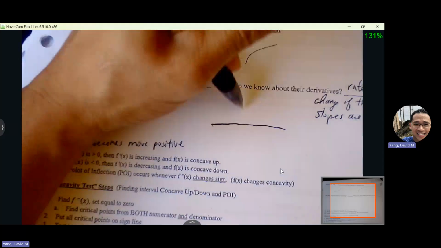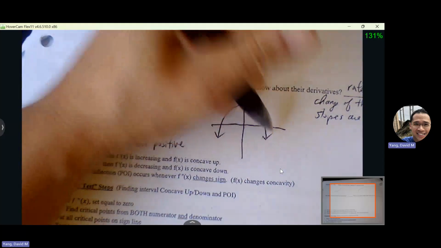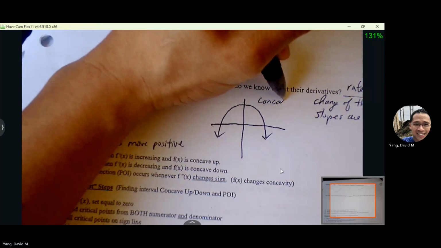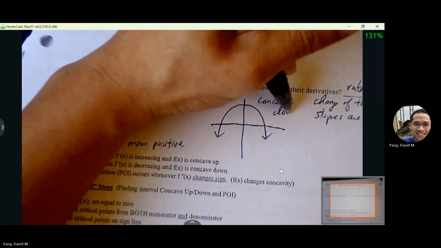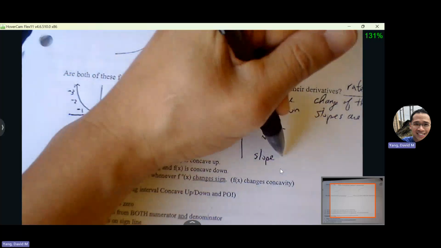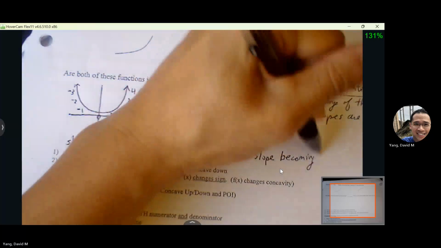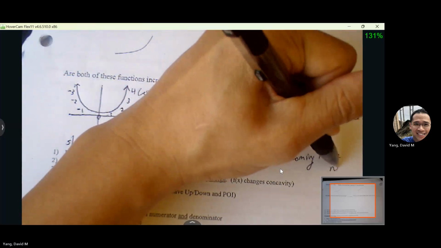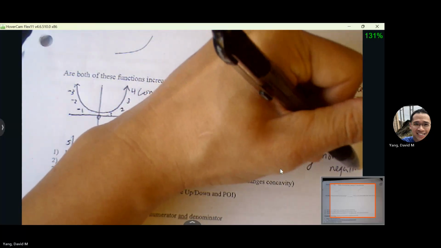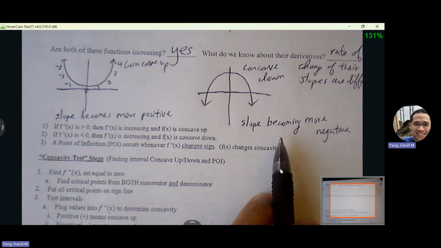Meanwhile, if I have a graph that's concave down, visually it's going to look like a parabola opening down. This is where the slope is becoming more negative, or the slope is moving in a negative direction. It doesn't mean that it's always negative, but if we look from left to right, all these slope values are going to be moving in the negative direction.